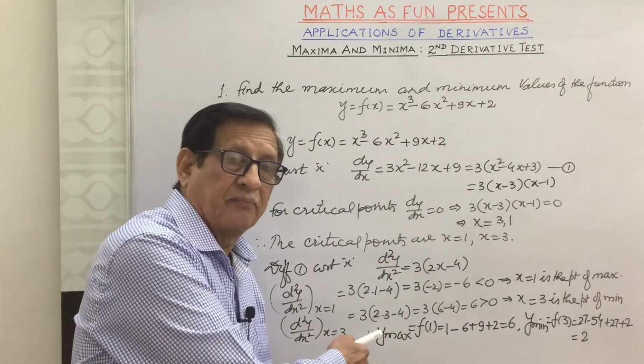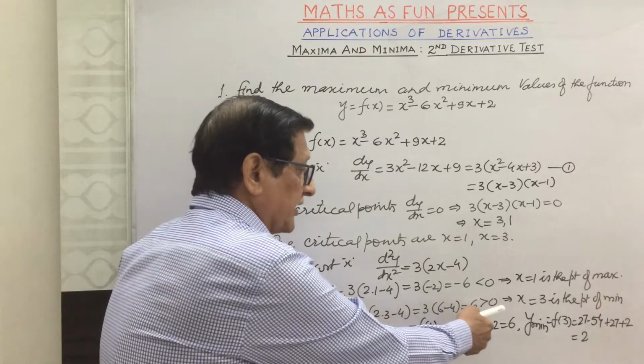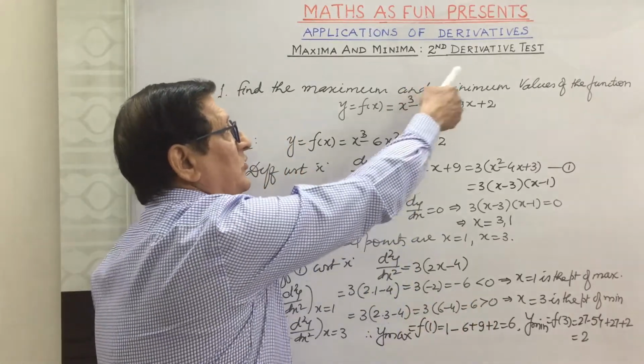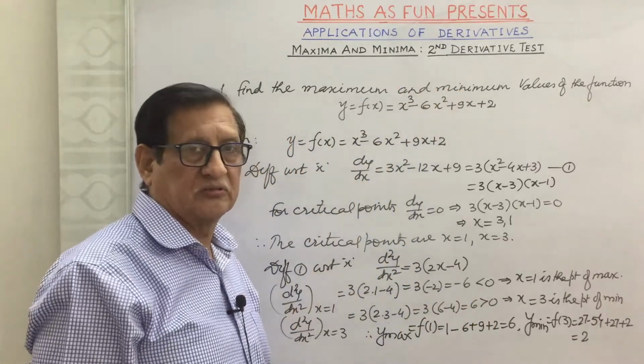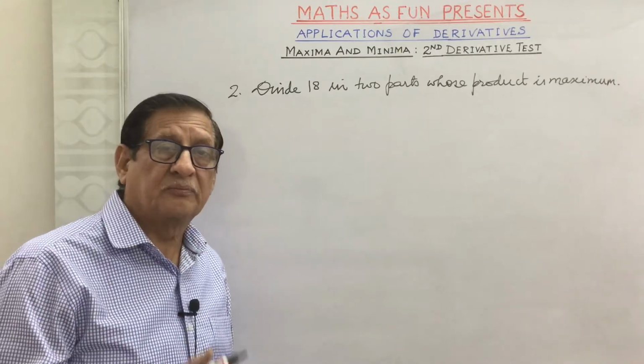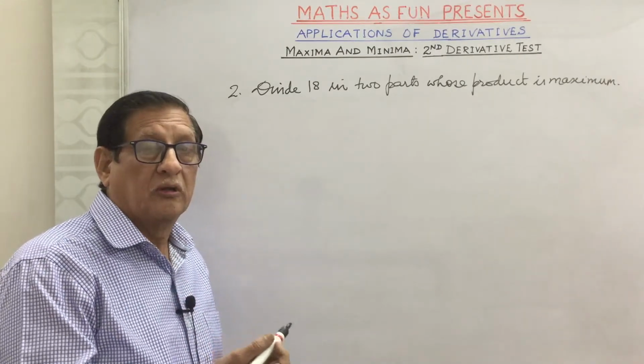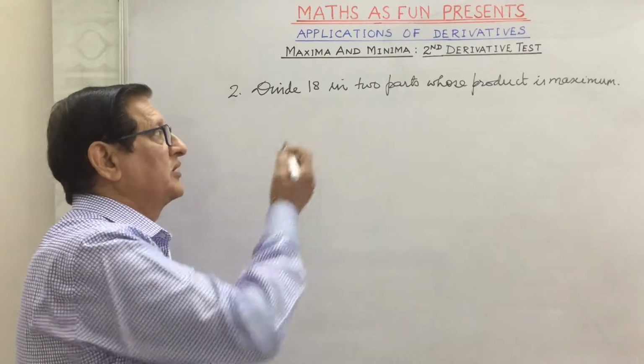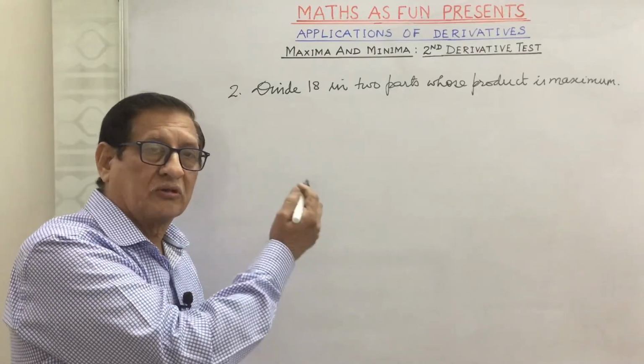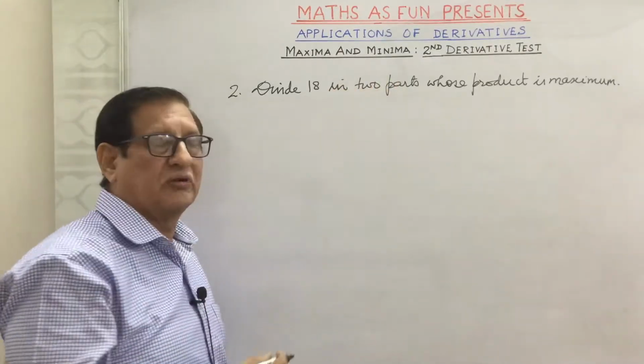This is the way we can find out the maximum and minimum values of the function by using the second derivative test. Let us discuss some word problems now which are based on maxima and minima, and we can solve them by applying the second derivative test.